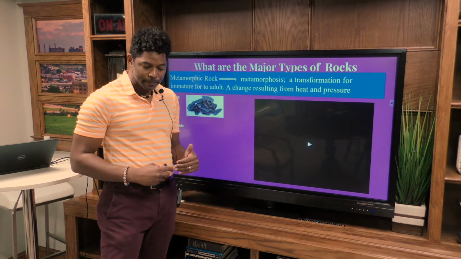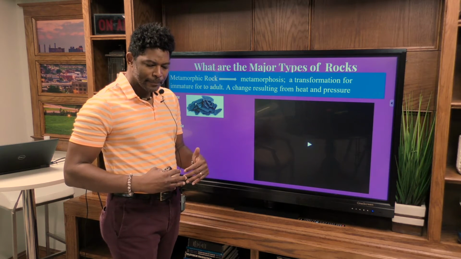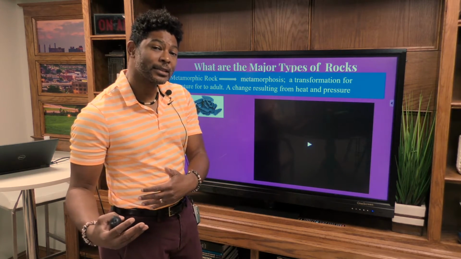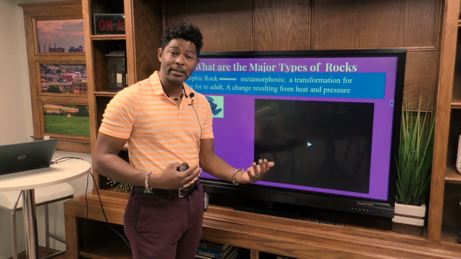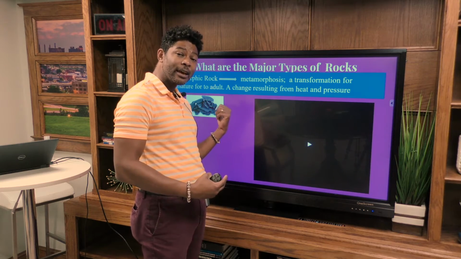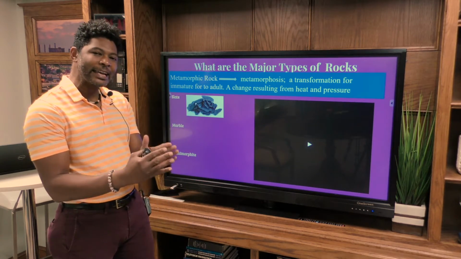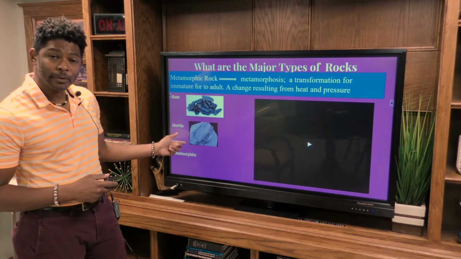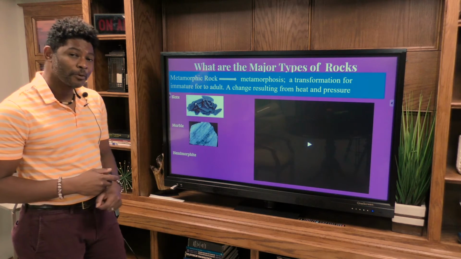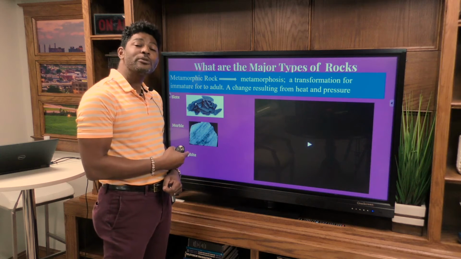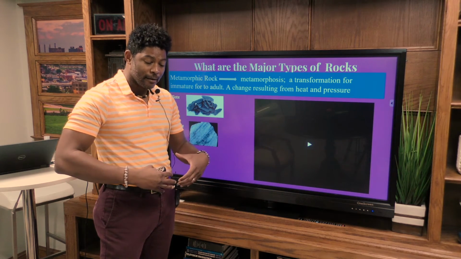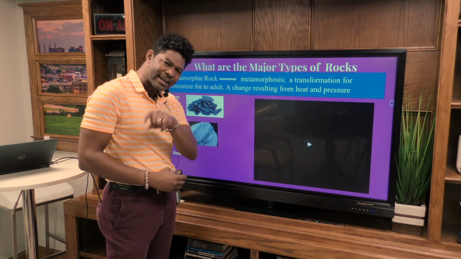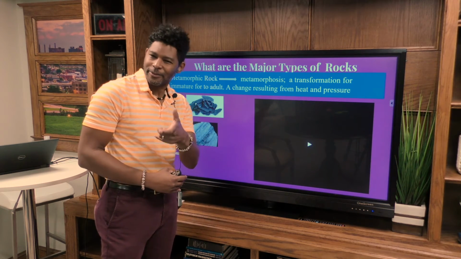For example, when Native Americans would make various arrowheads and spearheads, they would use slate because you could break it off and get a nice sharp edge. Another one is marble. That is a metamorphic rock. Greeks used marble a lot for their statues. They also used it for columns. Marble is very, very strong, kind of like granite, but different.